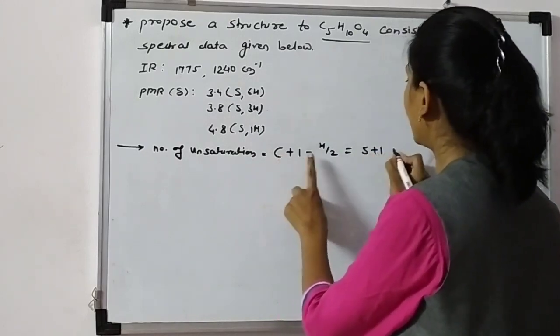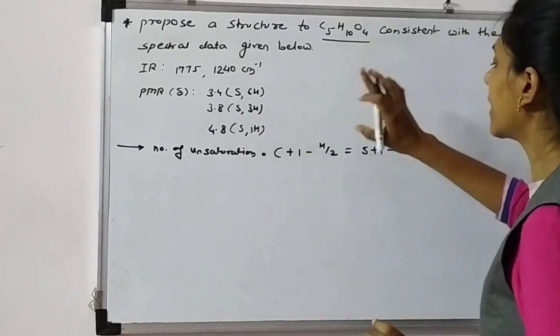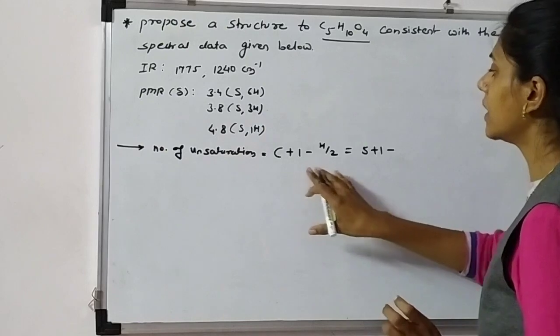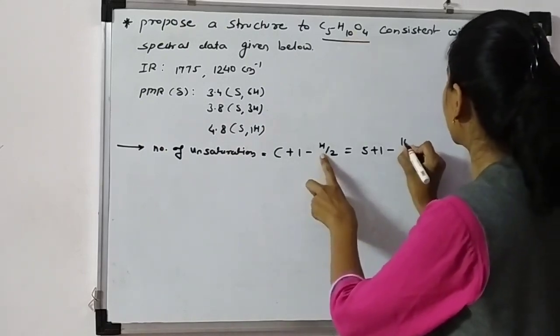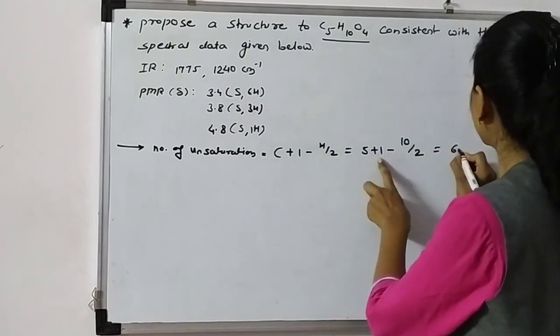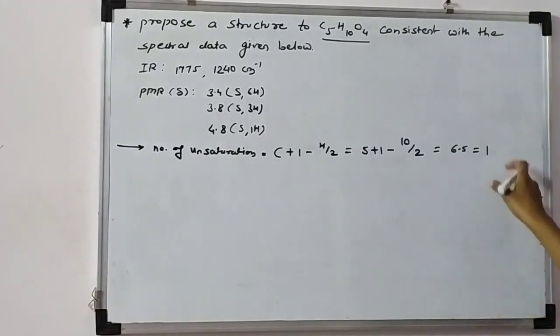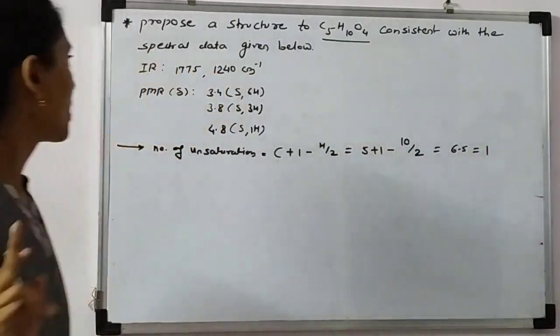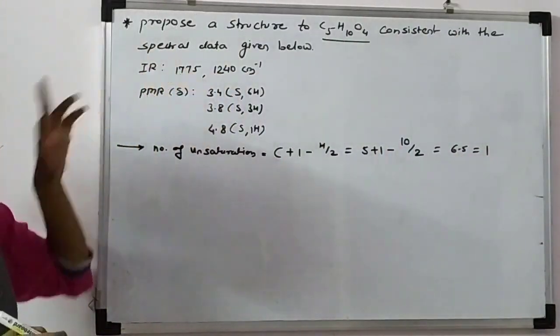So 5 plus 1 minus H, hydrogen is 10, divided by 2. When there is oxygen, we don't take the oxygen in this formula. So 6 minus 5 equals 1. How many unsaturations are present in the given molecule? Only 1. And here the IR frequency given is 1775.